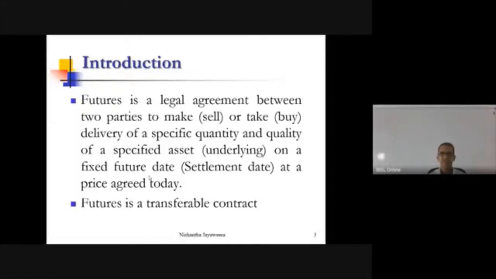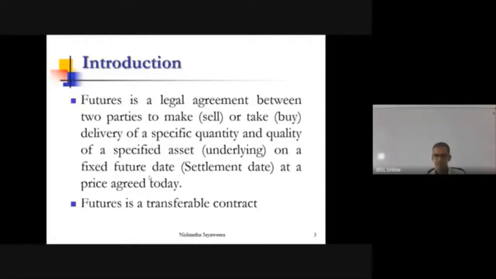Like I say, the simple example that you know is FX forward. You enter into a transaction to buy dollars against rupee, say on 31st December. Then you specify the quantity, say $1 million, and the exchange rate, say 195 rupees, on 31st December.